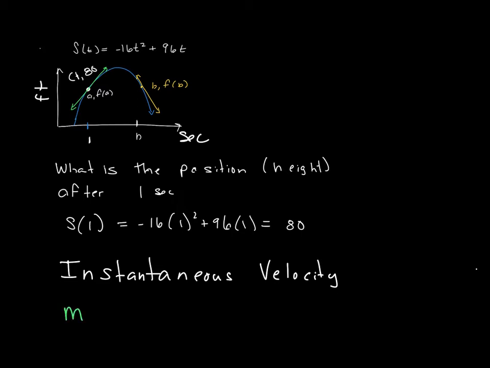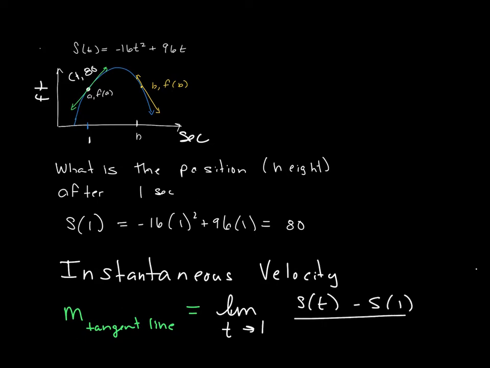So I want the slope of the tangent line, which is equal to the limit as x approaches 1, or in this case, we really should label that t because it is in terms of time, of s of t minus s of 1 all over t minus 1.